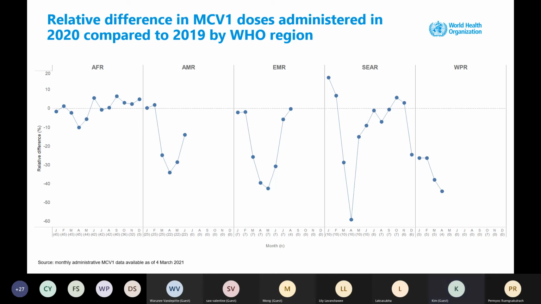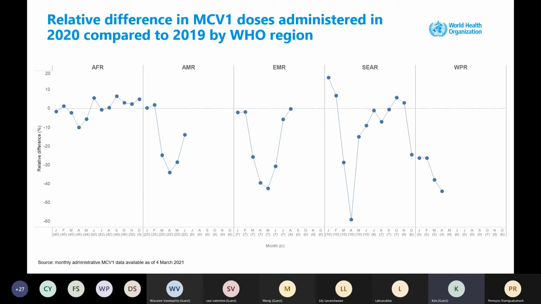There are some striking things here. During that time, in the Afro region, which is most of Africa, not including the northern Mediterranean countries, there was very little disruption in immunisation, and this is a credit to the countries concerned and to the immunisation programs that are generally pretty strong.